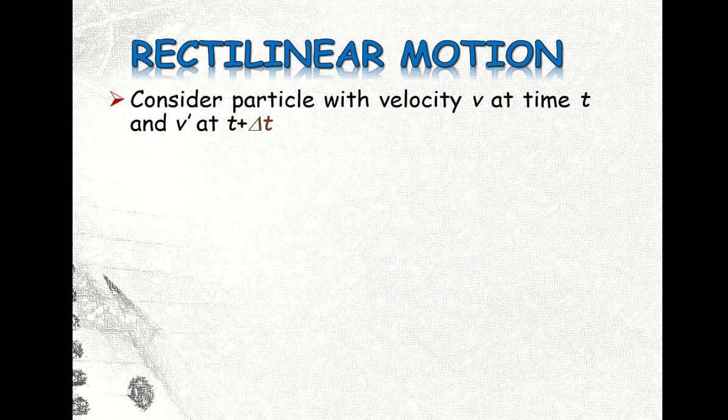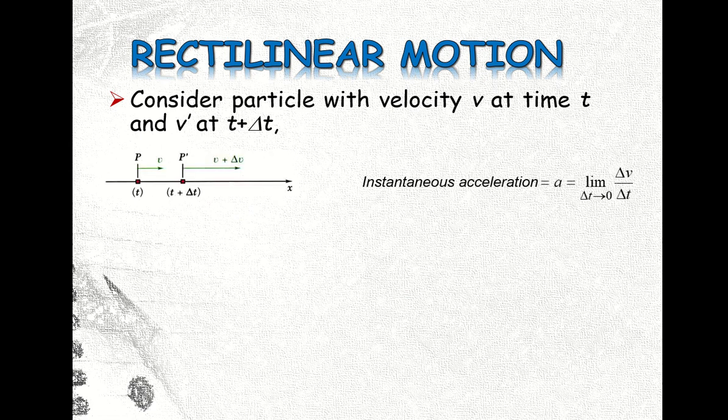Next, consider a particle with velocity v at t and v prime at t plus delta t. Okay, so we have this illustration here. Now at this point we have the velocity of the particle at p equal to t. Then as it moves, when you speak of velocity, that is the change of distance with respect to time. So it travels, and this is the delta t.